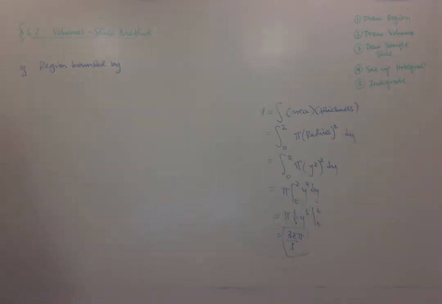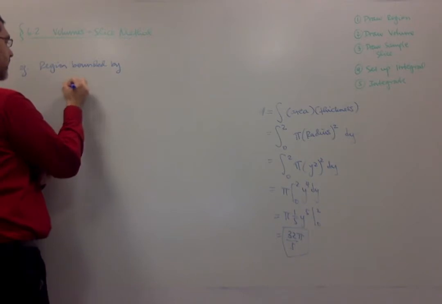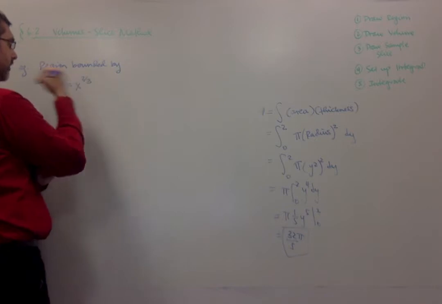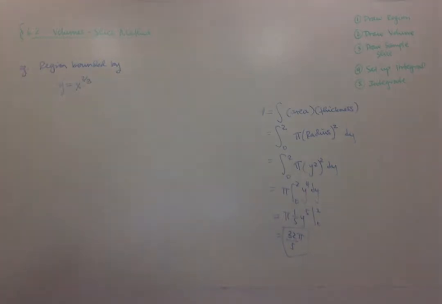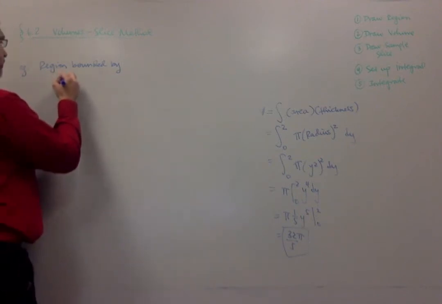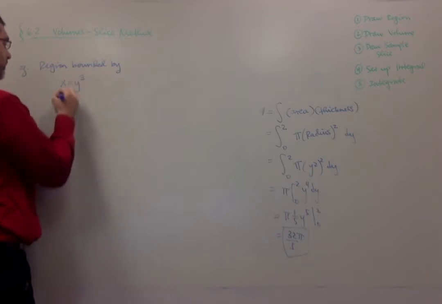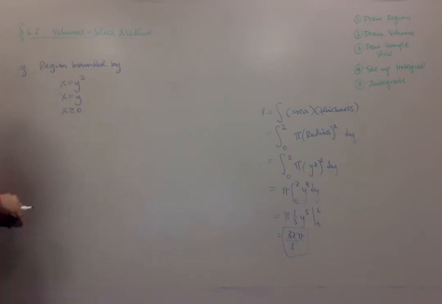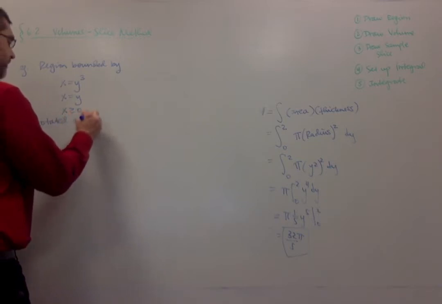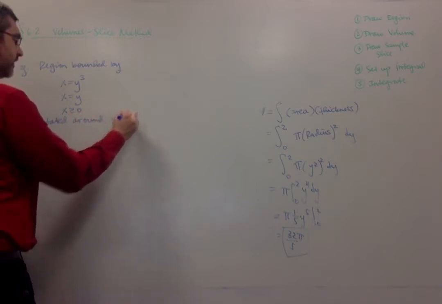Just rethink this for a second. So let's do y equals x to the 2/3. Sorry. I'm rethinking this as I'm doing it. Okay. Let's go back. Let's do x equals y cubed, x equals y, but x has to be bigger than or equal to 0. So I want the region bounded by those things. And then let's have that rotated around the line x equals -1.